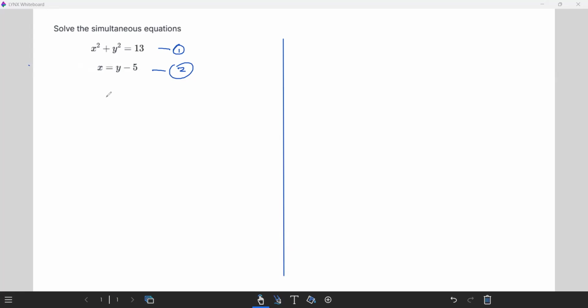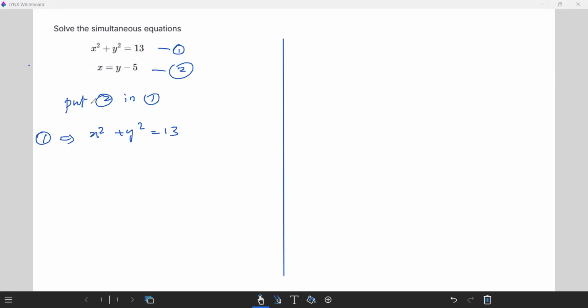If you look at the second equation, already the equation is subject to x. So what I'm going to do now is substitute equation number 2 in 1. So what is equation number 1? x squared plus y squared equals 13.